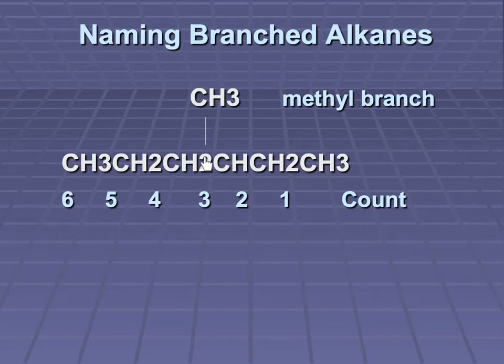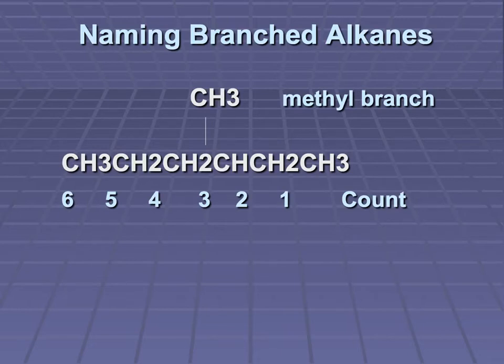We can also go this way: 1, 2, 3, 4, 5. So our options are a 4, a 5, and a 6. So 6 is the longest carbon chain, which is why we will count it straight across like that. That's the first rule: you have to find the longest carbon chain.